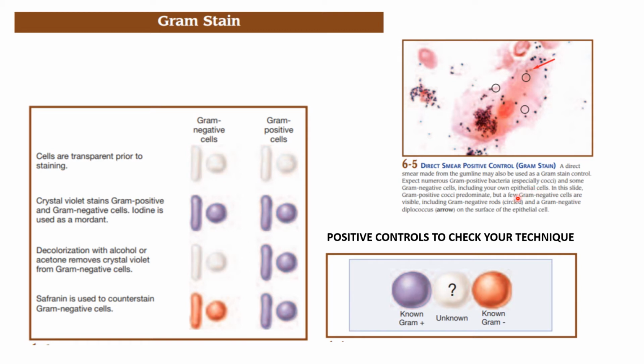And then you will do the gram staining. This example is a combination of positive and negative control, and I think they're trying to determine if the one inside the cell is a gram negative or gram positive bacteria.